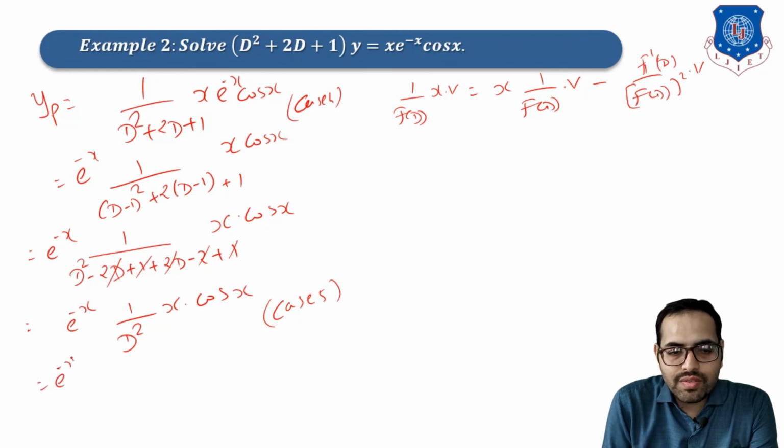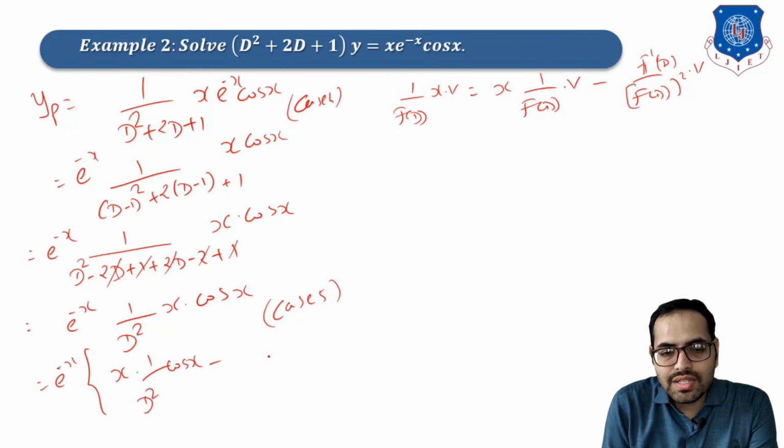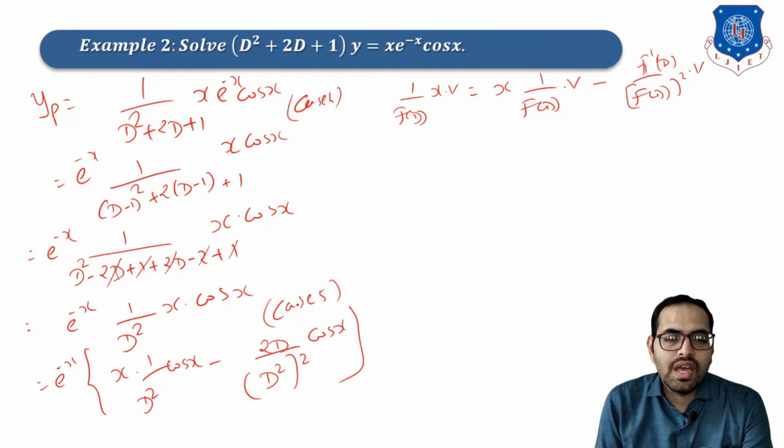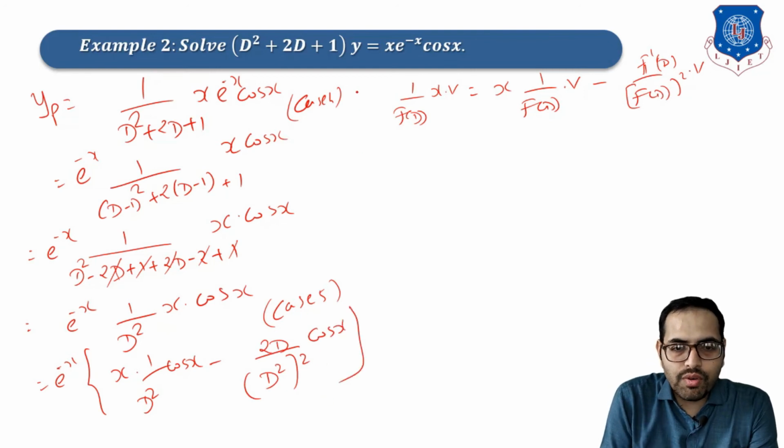For that, e raised to minus x will be kept as it is. x comes out, 1 upon D square into cos x, minus, in the numerator, the derivative of D square, that is 2D, into cos x, over D square whole square. See, here we apply case 5 as a formula.